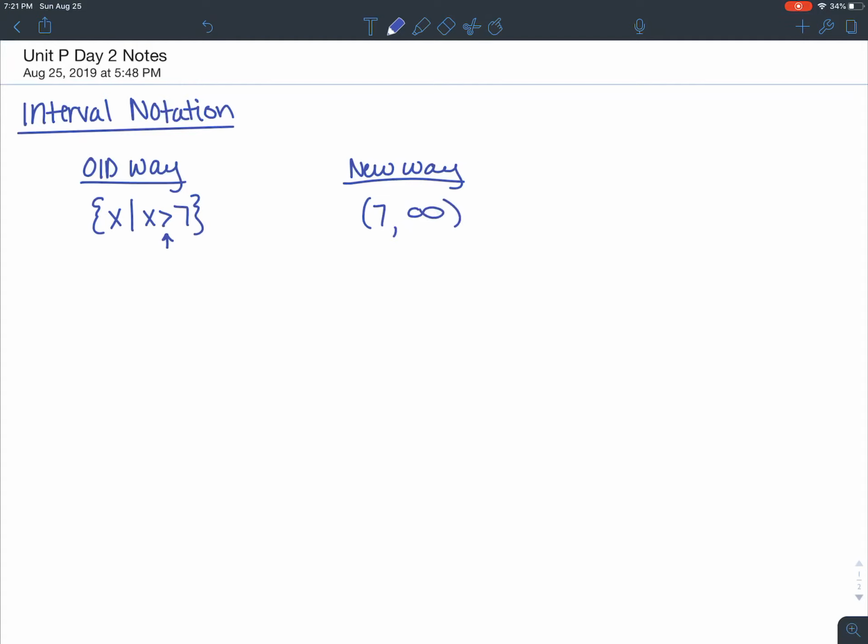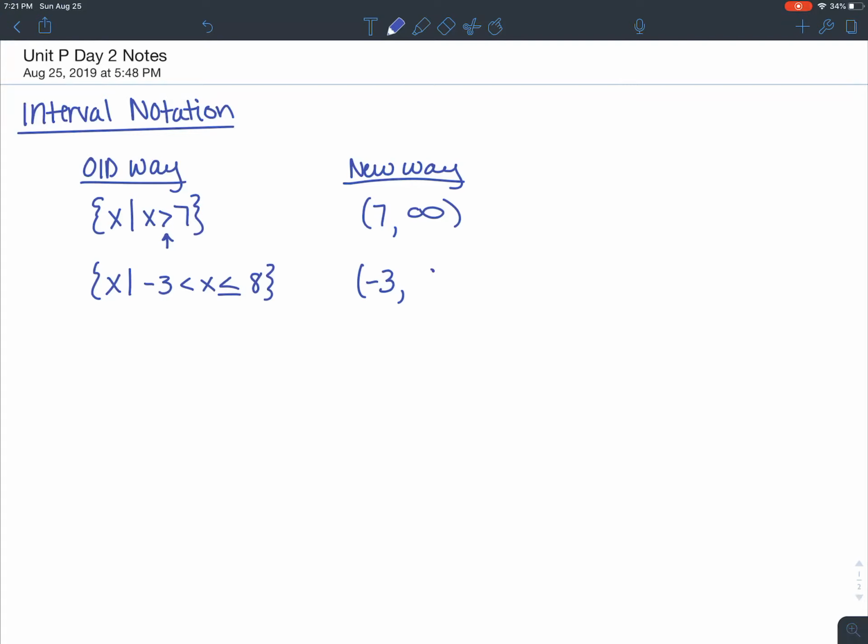I'm going to do one more. X, where -3 is less than X, less than or equal to 8. That's saying all the values in between those. Since X is bigger than -3, it's going to be a parenthesis and it goes first.